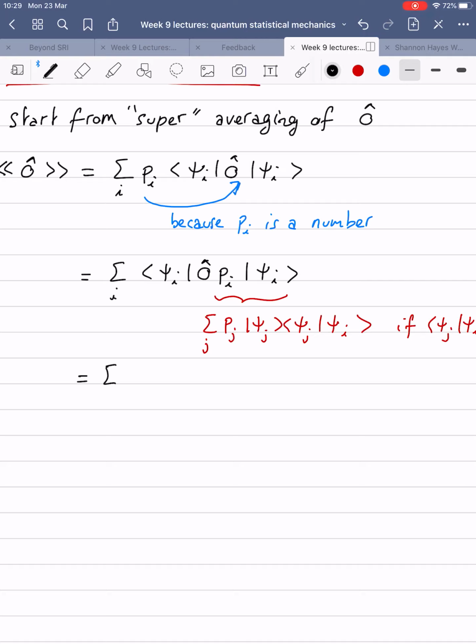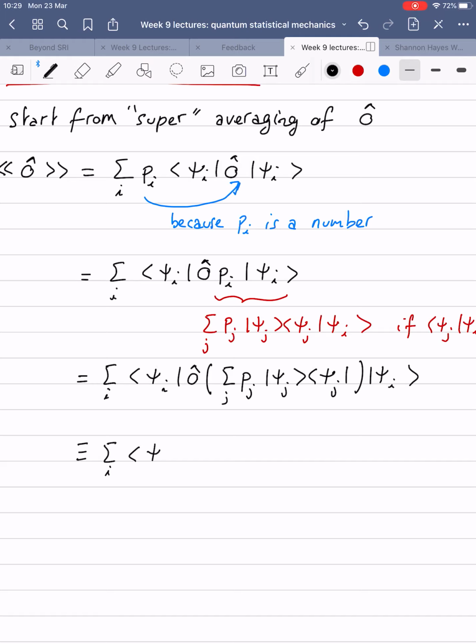That's sum over i, and then I've got <psi_i|, and then O, and then I've got the sum over j, p_j, then |psi_j><psi_j|, and then I've got |psi_i>. Okay, and now I'm going to define this as being equal to the sum over i, <psi_i|O, and then I'm going to call that rho, |psi_i>.